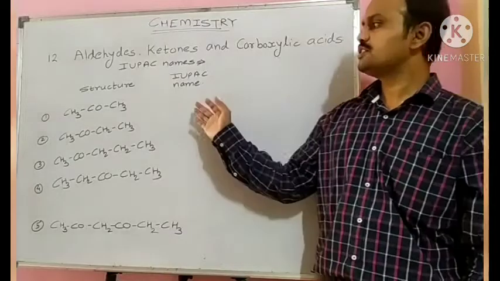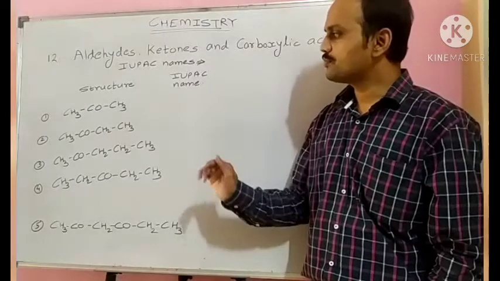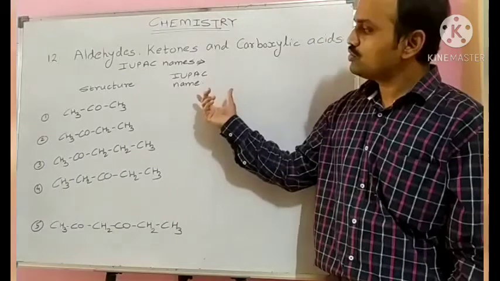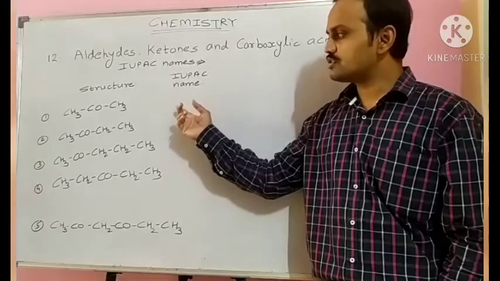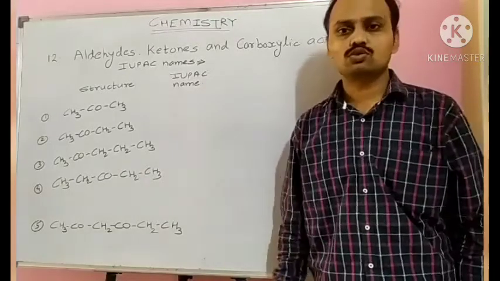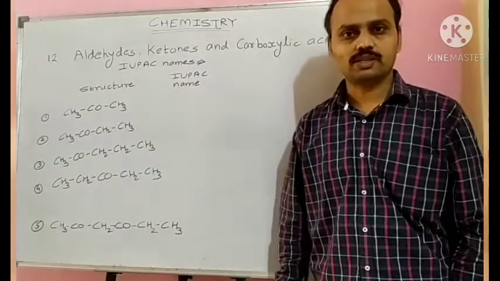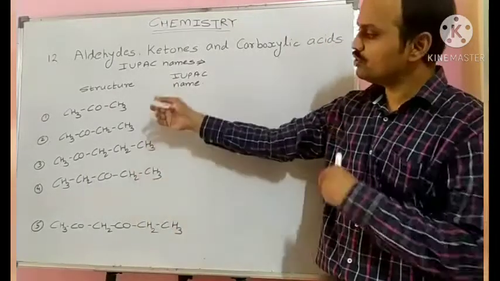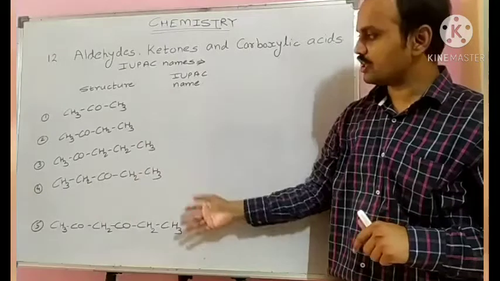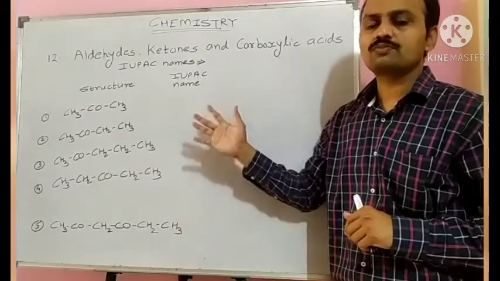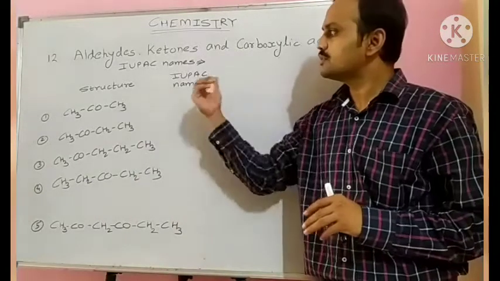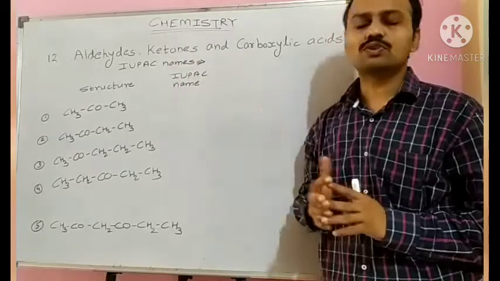Students, in this session we will see how to name structures from ketonic functional group according to IUPAC nomenclature. Before we name these structures, we will revise the rules of ketone functional group.